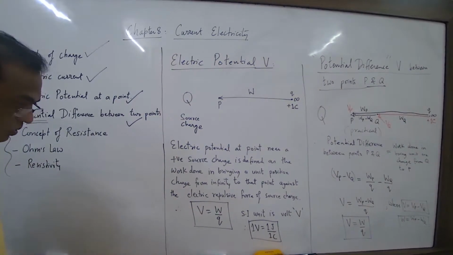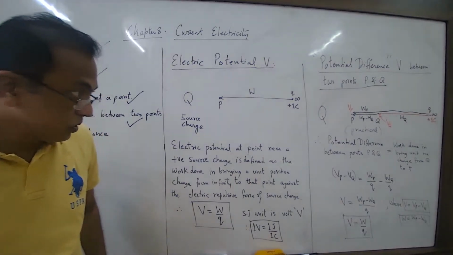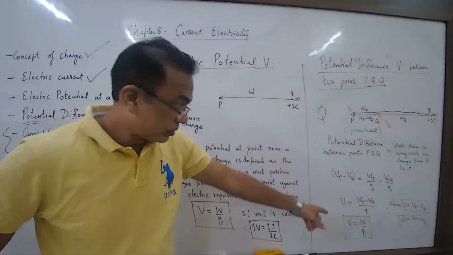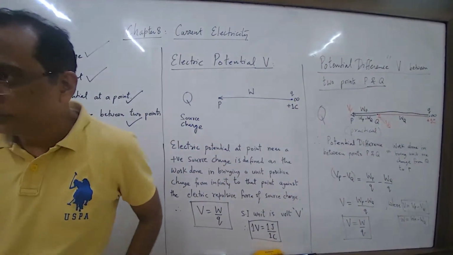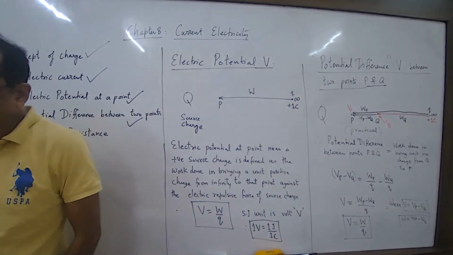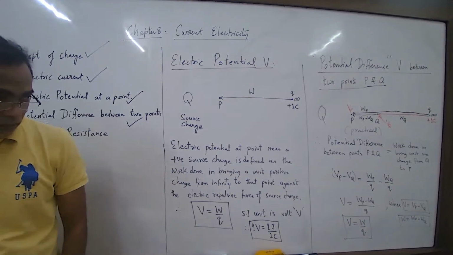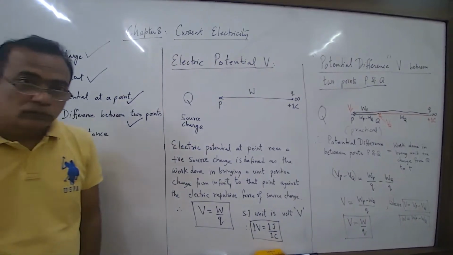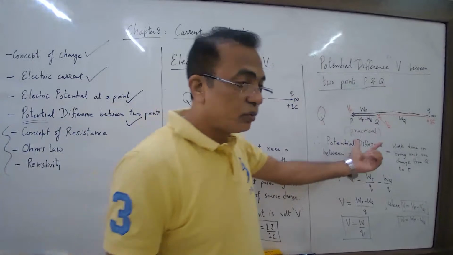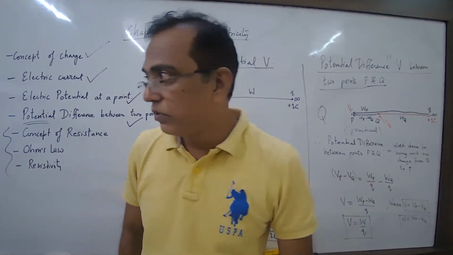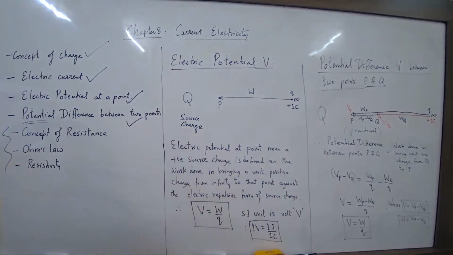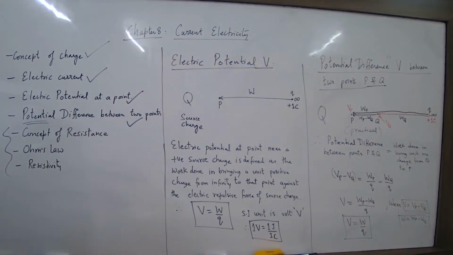So what is 1 volt? How will you define 1 volt? When do we say that the potential difference between 2 points is 1 volt? When will we say that? Raise your hand if you want to answer.